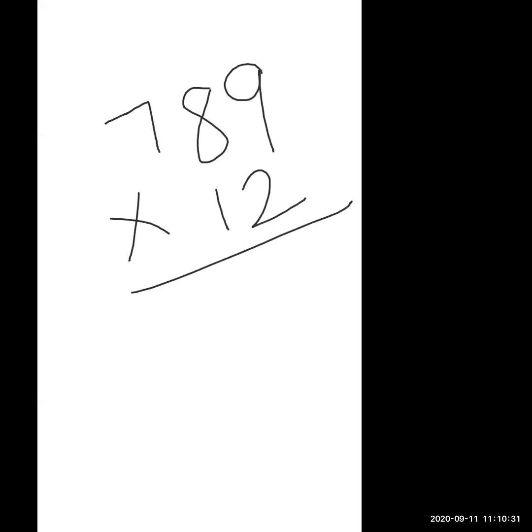Now next, it's 789 into 12. What is the multiplicand? First of all, write in your notebook what is the multiplicand, what is the multiplier, and solve and give me the product. When I ask you, at that time you give the answer.